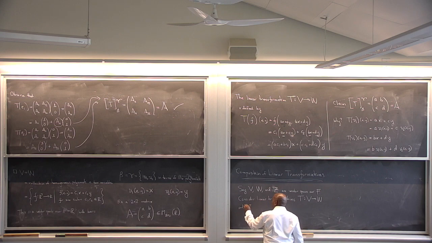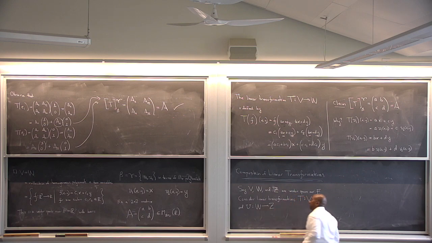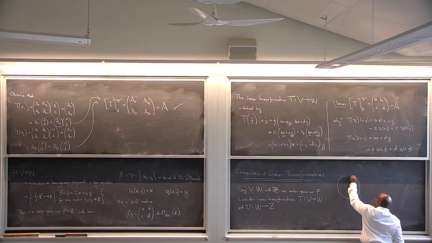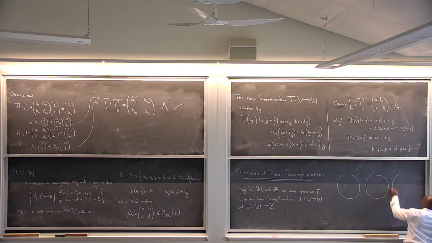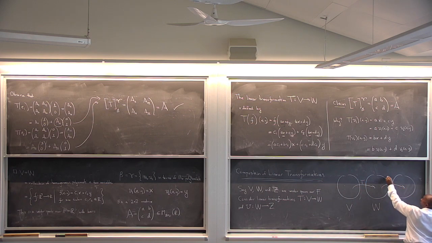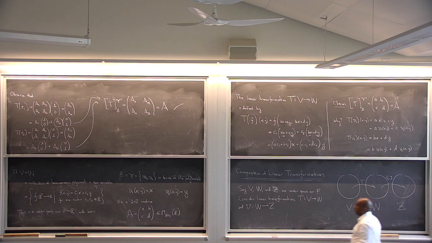In this case, I want to call this U, going from W to Z. As a picture, what's happening is this. So here I have V, here I have W, here I have Z. T maps from V to W, and U maps from W to Z. And what I'd like to know is, what can I say about the composition of these?